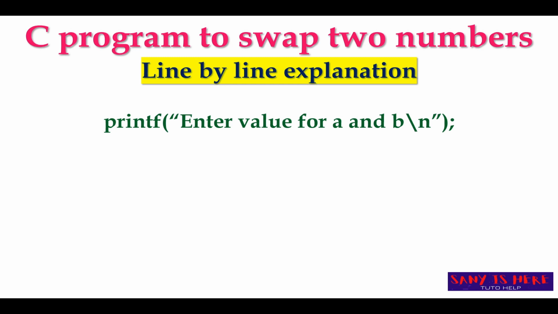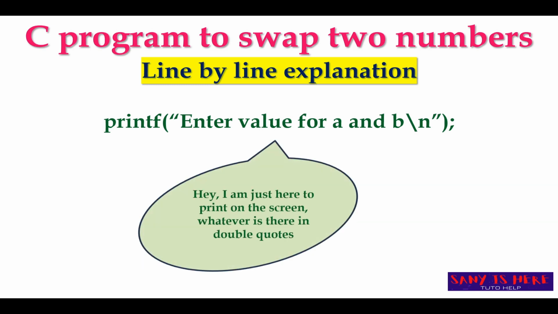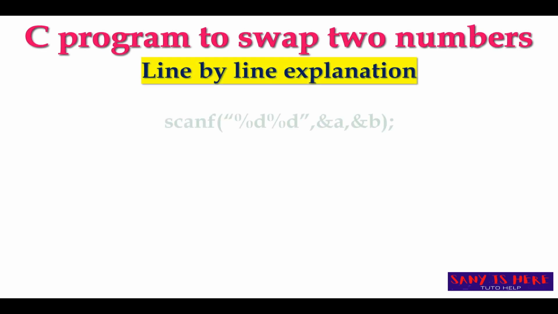Then the next line is enter value for A and B. We are printing it directly with the help of the printf function. Hey, I am here to print on the screen whatever is there in the double quotes, except that \n. \n indicates that after printing this line, the cursor should move to the next line. And then the next line is scanf.